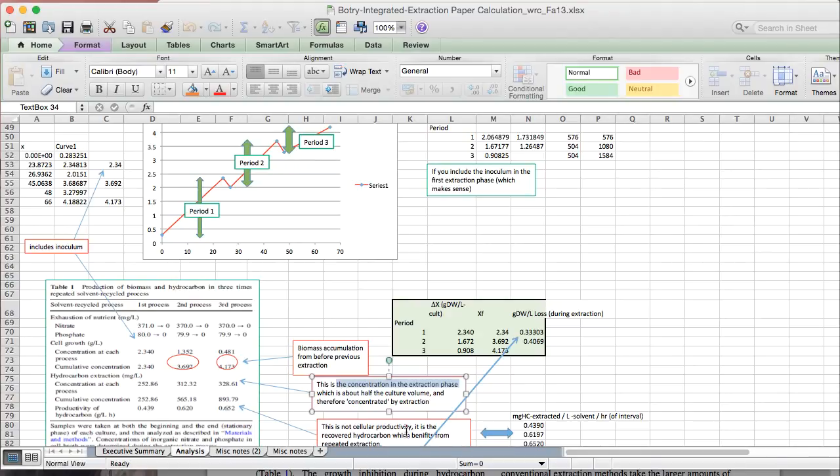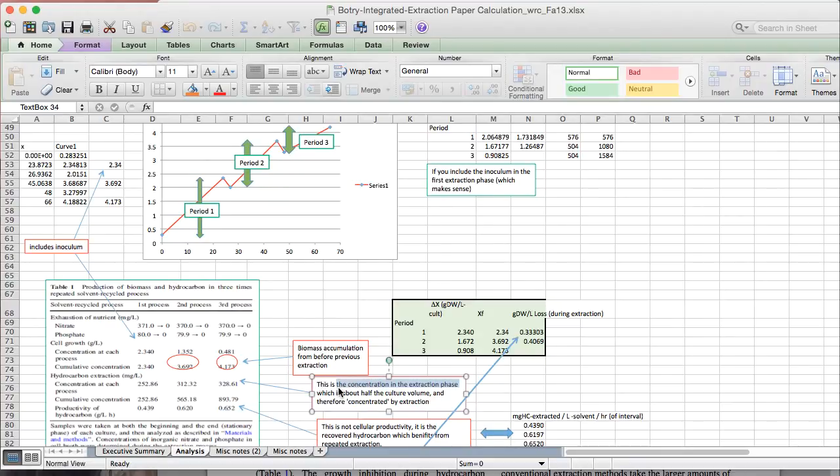That's a good thing from a processing standpoint, because you'd love to add as small a volume as possible, but you have to recognize that the units are simply grams per liter. If there was 1 liter of media and half a liter of solvent, with 100% extraction you would immediately double the concentration.